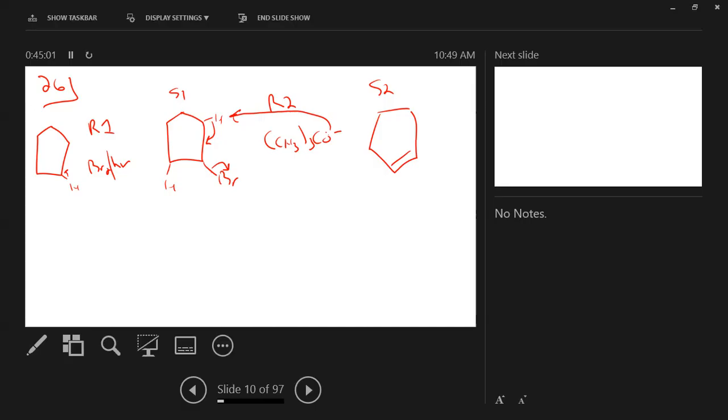So we're going to extract some type of proton here. Let's just put this where they have it on their screen. This is going to get abstracted. I'll put it here. And once we have that radical, we can react with bromine. So that makes sense.